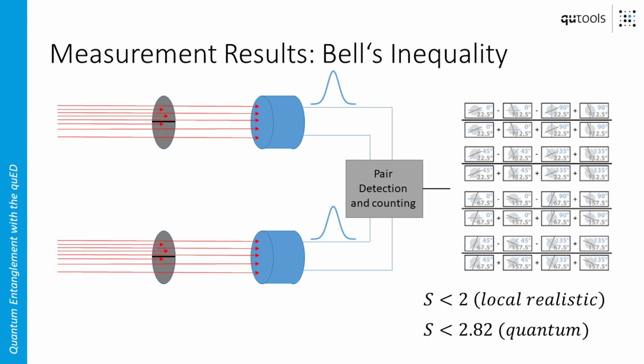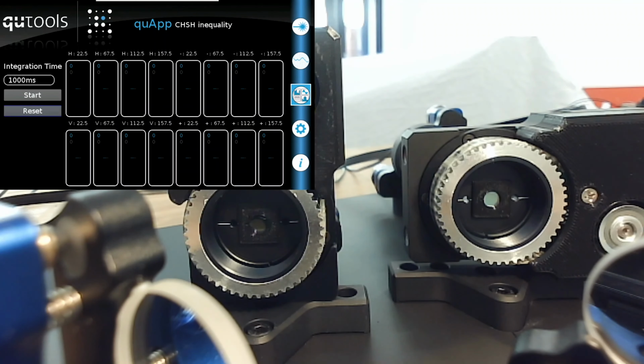And basically, if you have a local realistic theory, so any theory that employs some kind of hidden variables that are local, so they only attach to one of the photons and not to the whole system, then you can get a value of a maximum of 2 for this Bell value S. But quantum theory predicts a maximum value of 2.82. And with our device, we can just perform the experiment by going into an appropriate screen like this and pressing start, which is very convenient for a presentation like this.